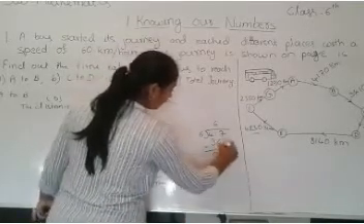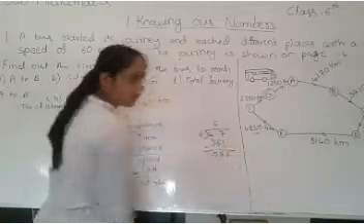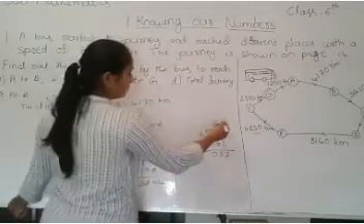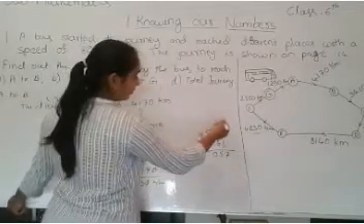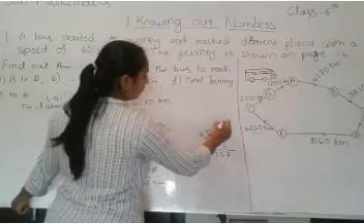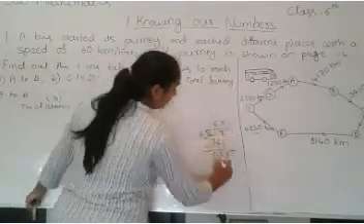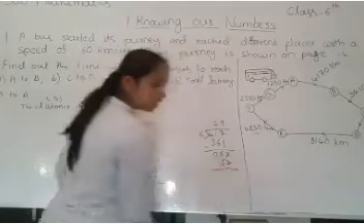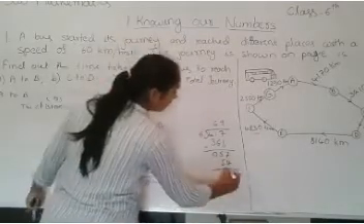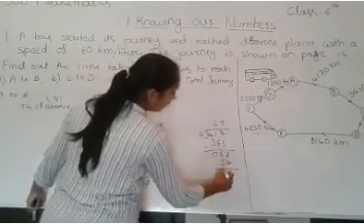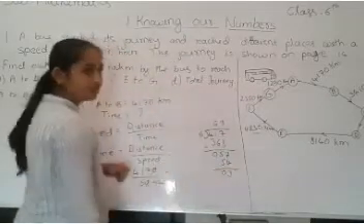Then again you take here 7. 6 9s are 54. 7 minus 4 is 3. Then 5 minus 5 is 0. Remaining 3 is there, no?